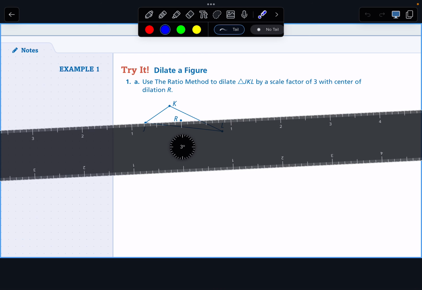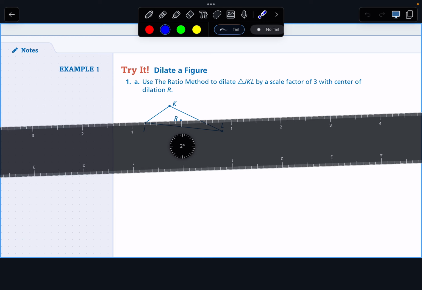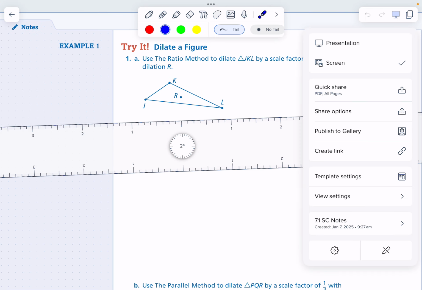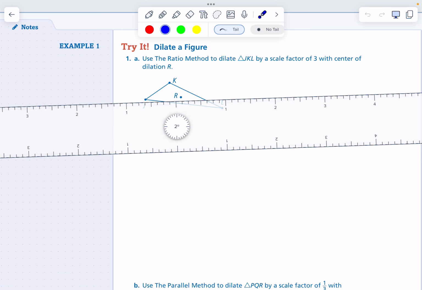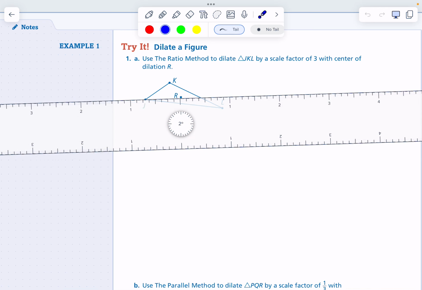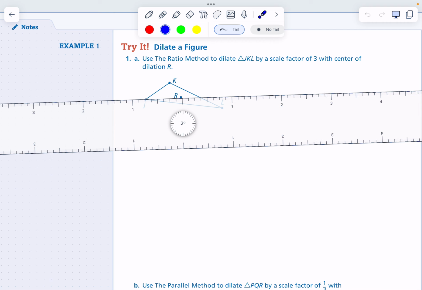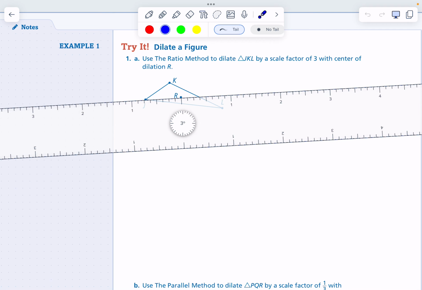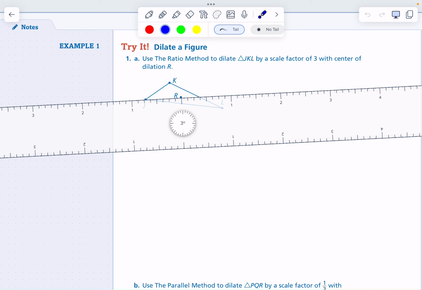I'm going to put the start of it here on R. Oh, you can't see it. What? Oh, now you can see it. Okay, here's my ruler. Do you see it? Okay, so I'm going to put my ruler. It starts on R, and I'm going to put it here on J.